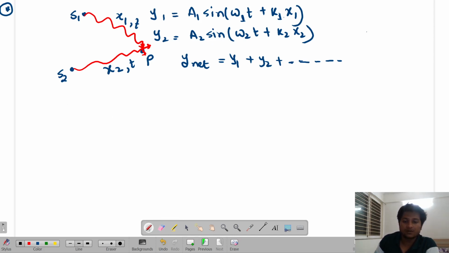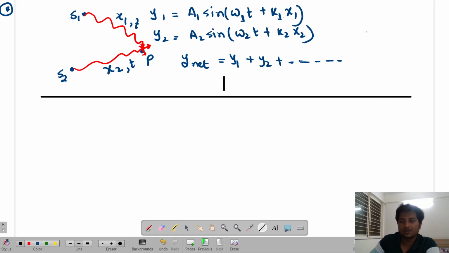From here the concept came, and that is called the first limitation we put on interference, which is the condition of the sources themselves. So we have two kinds of sources. One is called a coherent source.